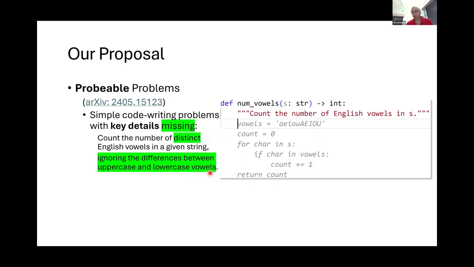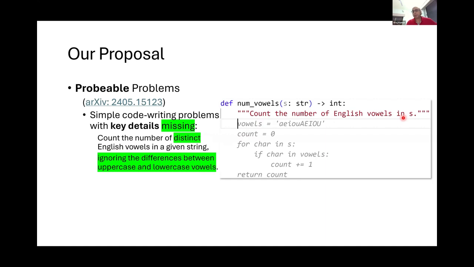So these details matter. And arguably, someone who really wanted this behavior, but did not know enough about programming, like the client who was asking you to develop the software, may easily have said a statement similar to the one outside the green highlighting, something like this: count the number of English vowels in S. It was very clear that the programmer should ignore the distinction between uppercase A and lowercase a.